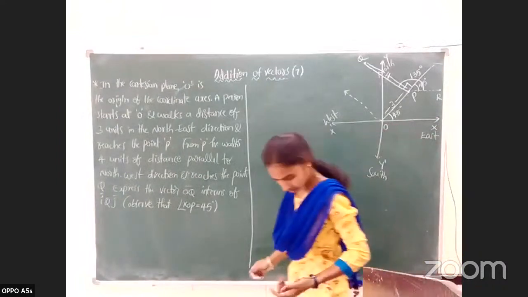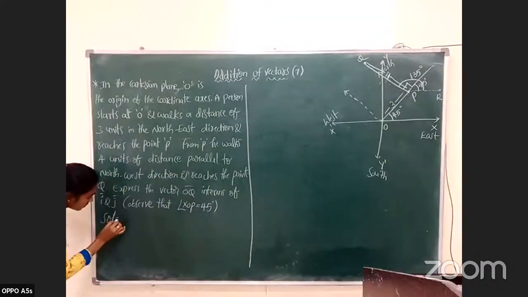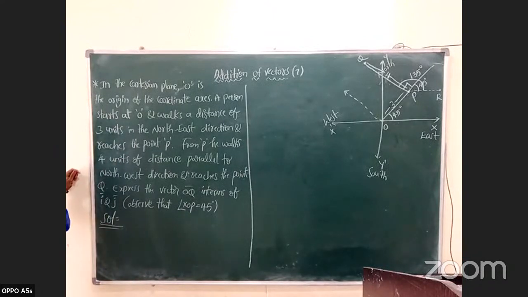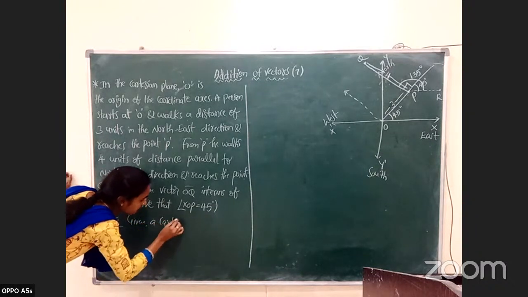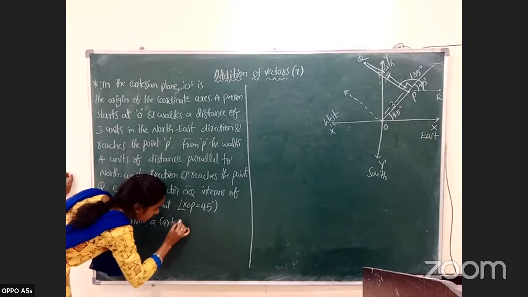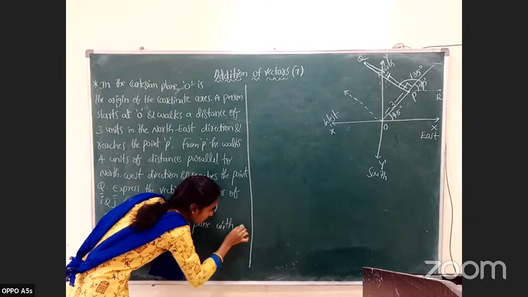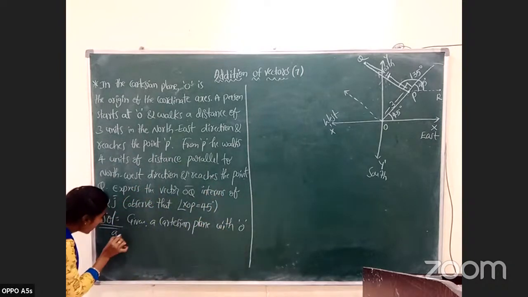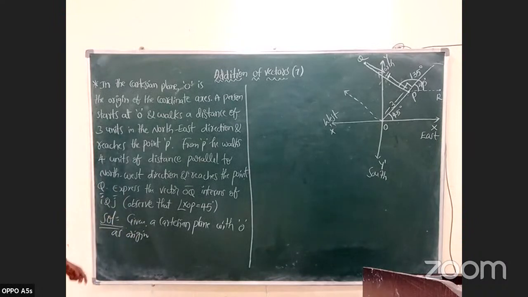So let's see. First of all, what is given? They give a Cartesian plane with O as origin.